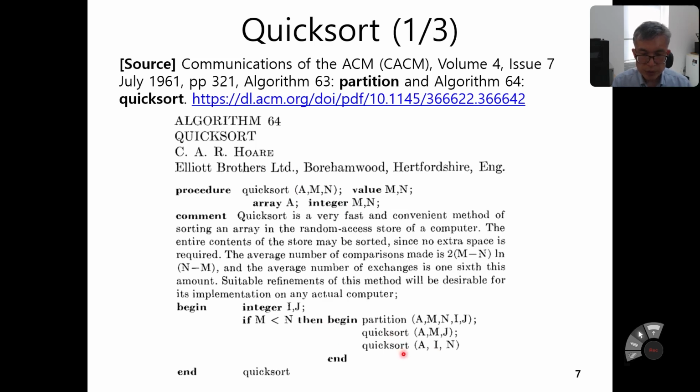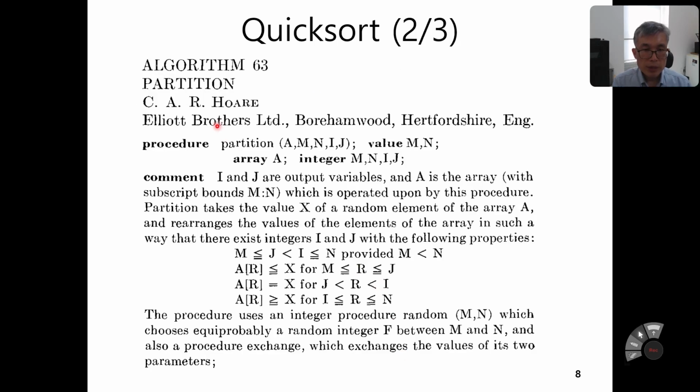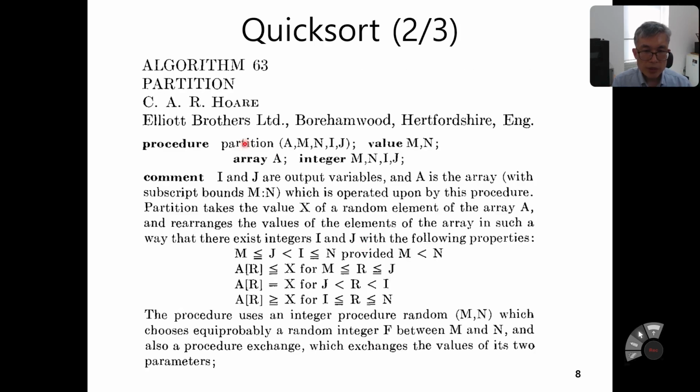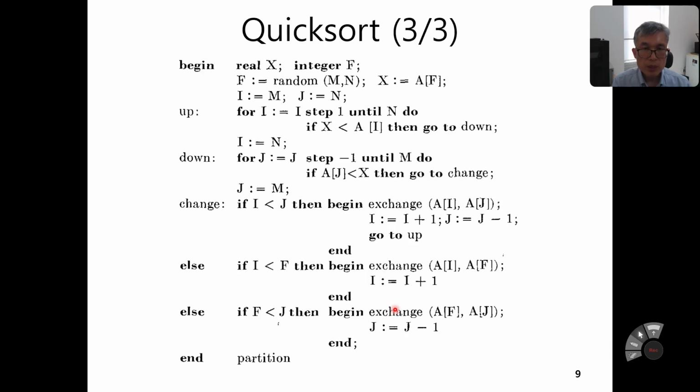Recursion is used, and partition is an important function. You can see that before recursively calling the two quicksorts, partition is used, so the input array is partitioned into two parts. This is the property of the two subarrays. And the actual code is this one, which we'll see in this class.